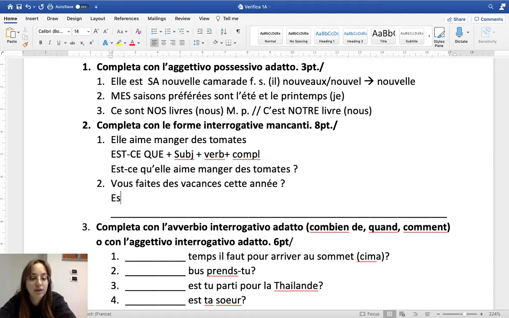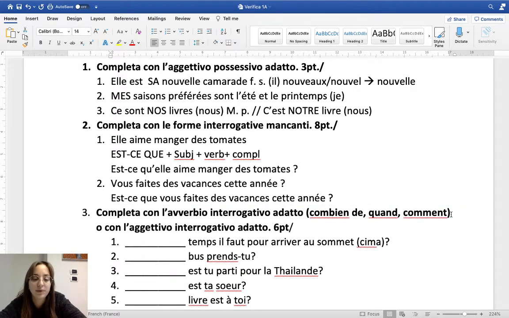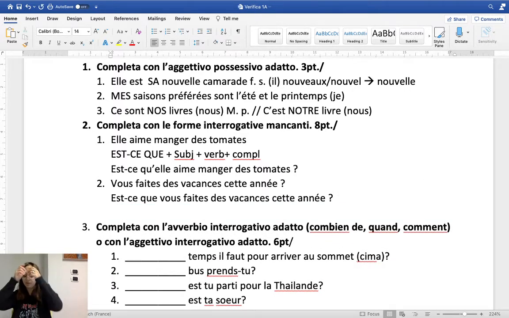So I have to put est-ce que, add our subject, our verb, and then our complements. Est-ce que vous faites des vacances cette année? Great, so this is kind of simple, we have just to put est-ce que before our sentence.